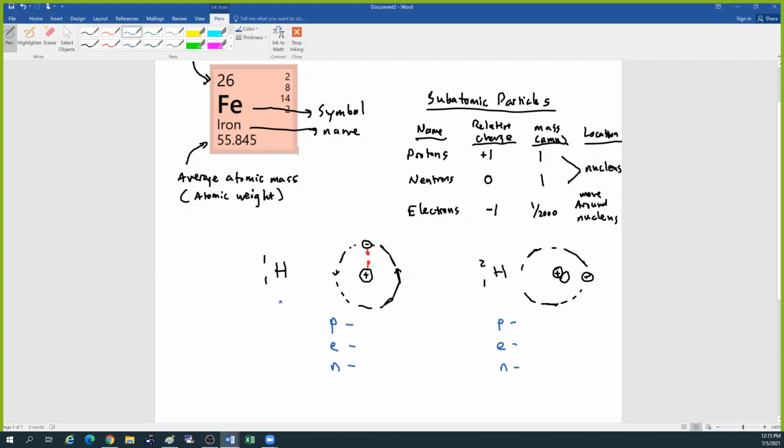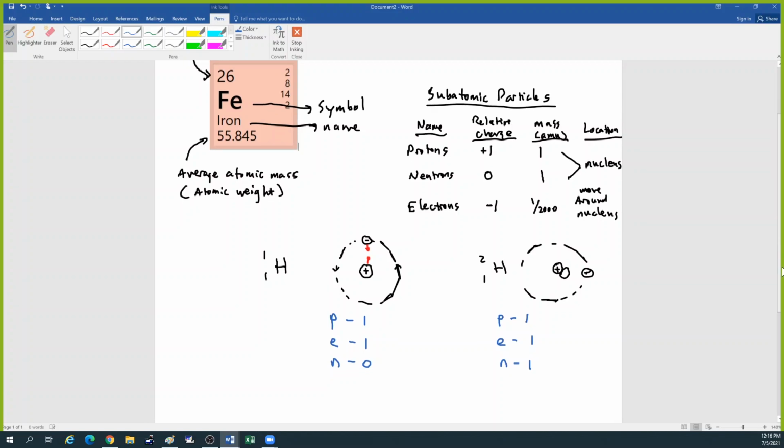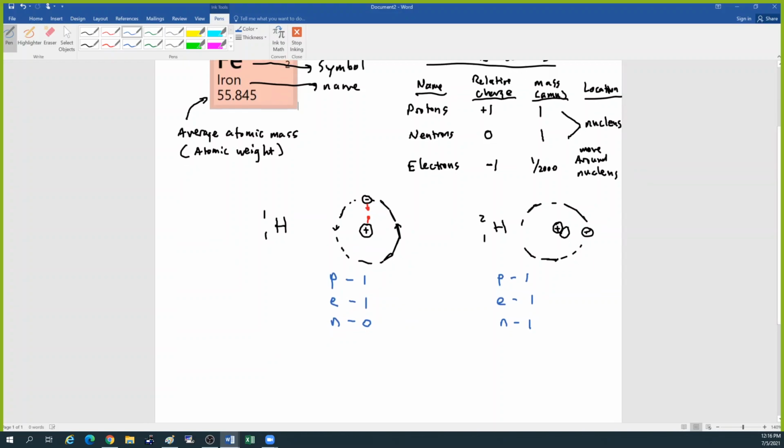So here, both hydrogen atoms each have a proton. They both each have one electron. But in our first case, there weren't any neutrons in the nucleus. In the second case, there's one. And so chemically, these atoms act the same way.